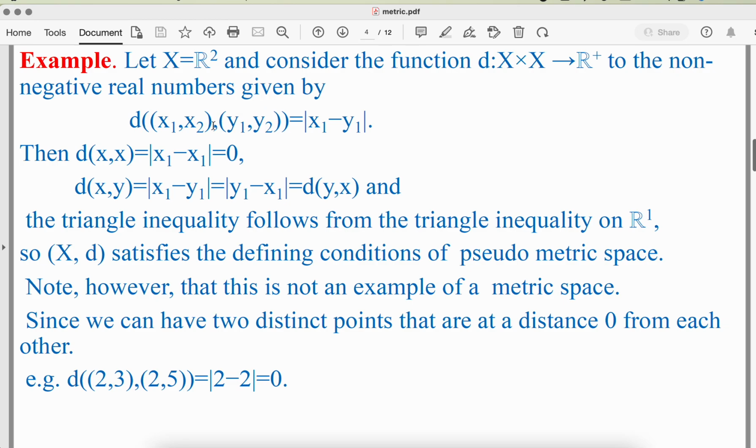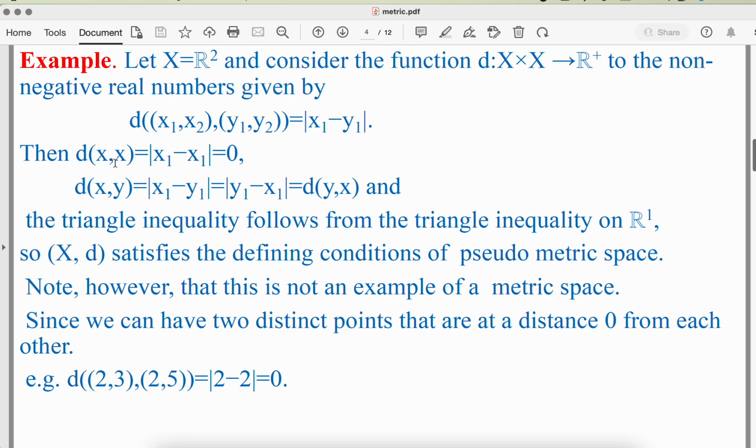Clearly, the distance of x from x is the modulus of x1 minus x1, which equals 0, and the distance of x from y is the modulus of x1 minus y1, which can be written as the modulus of y1 minus x1, and this is equal to the distance of y from x.